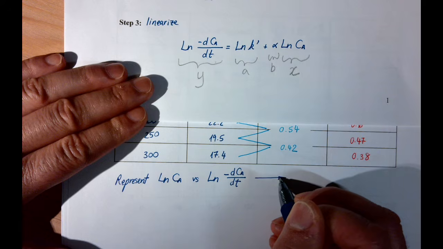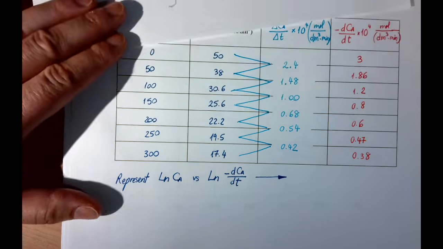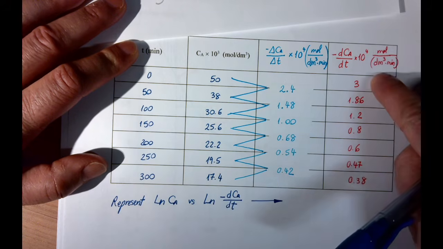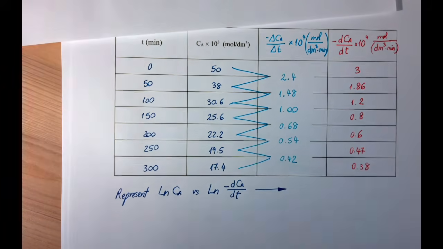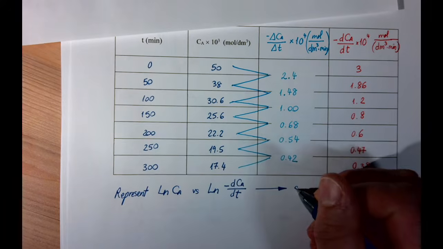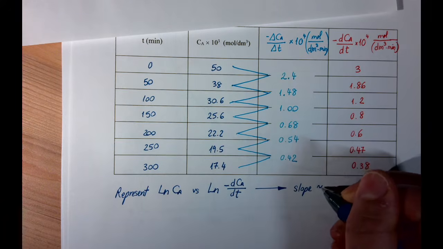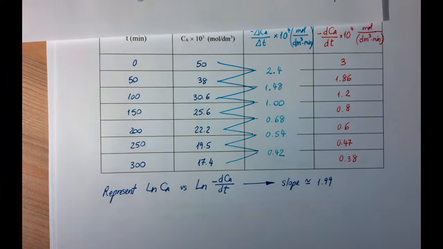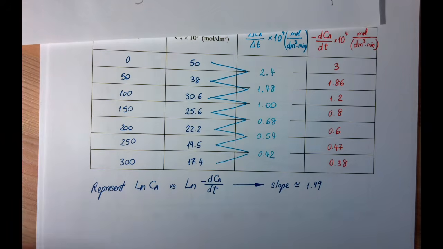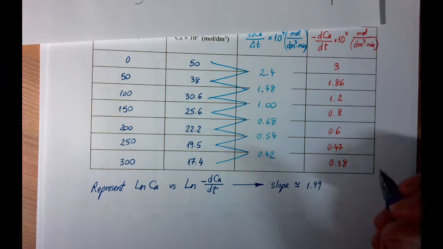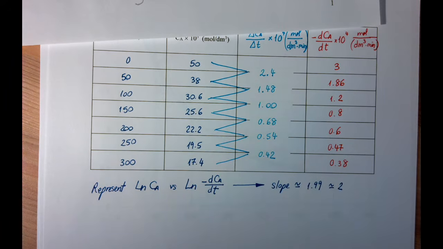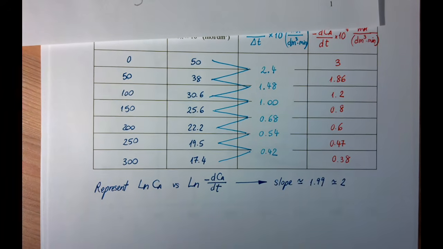You can do that in Excel: natural log of these points versus natural log of these points. You'll get a line that has a slope of approximately 1.99. You might get a slope of 1.86. It's still close to 2, so we're going to just approximate it to 2. All right, so that's the slope.